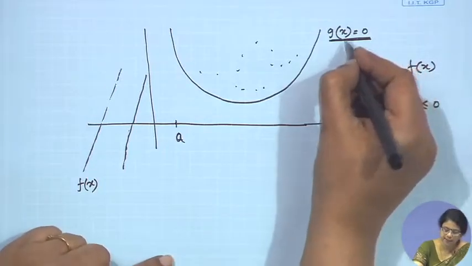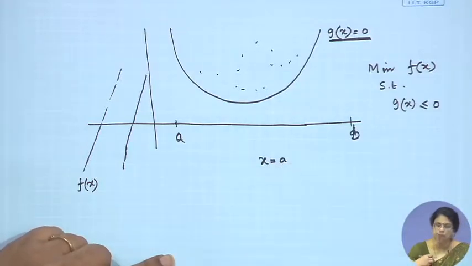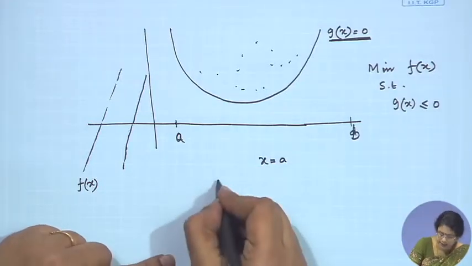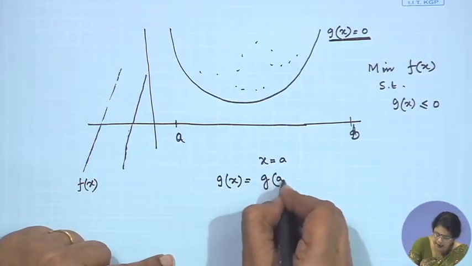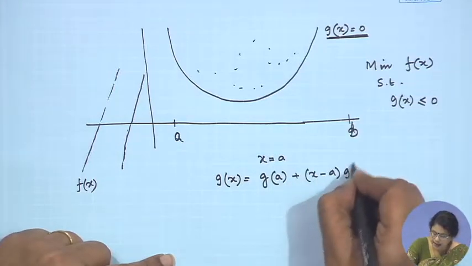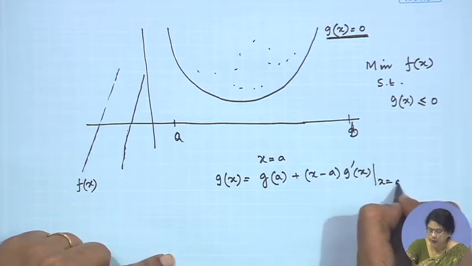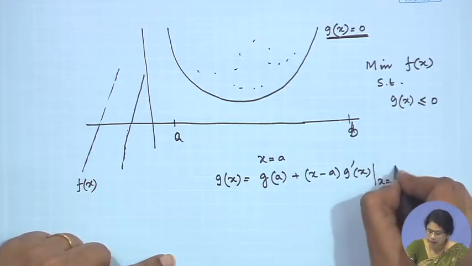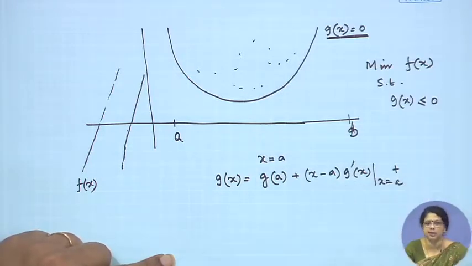If I expand g(x) at the point x equal to a, it can be written as g(x) equal to g(a) plus (x minus a) g'(a), plus (x minus a) squared by 2 factorial g''(a), and so on.